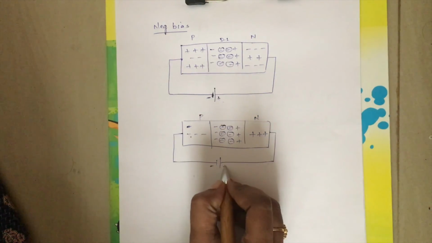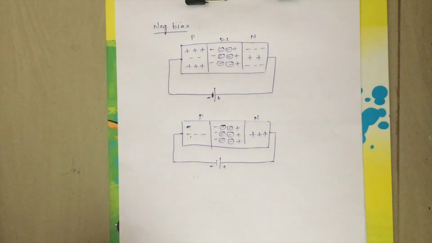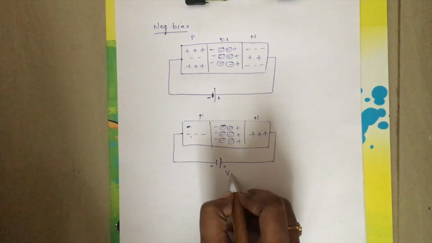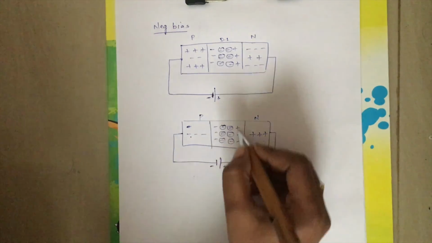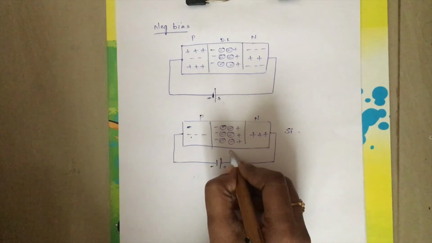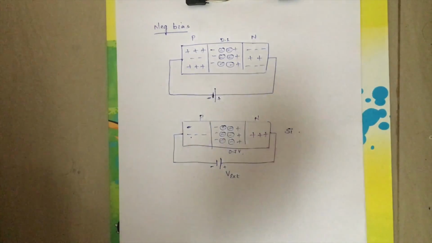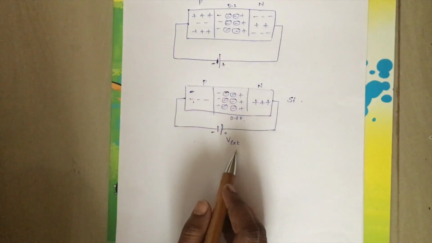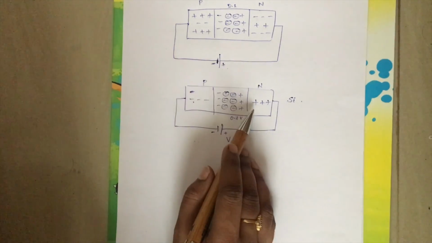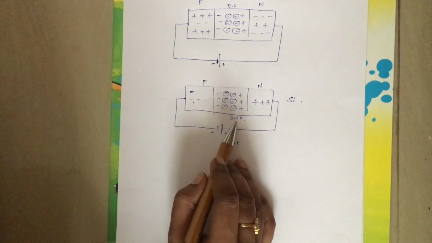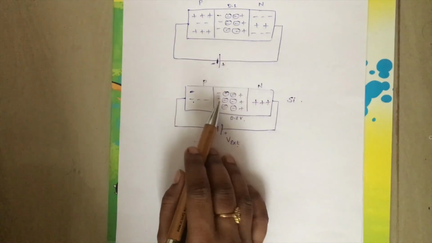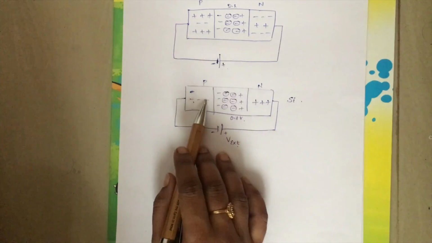Now what happens here? Say now you will be applying an external voltage V external, and say you are using silicon. Still the barrier potential is 0.7 volt. So when you apply an external voltage till 0.7 volt, no change will take place because this 0.7 volt, which is a barrier potential, is actually stopping the movement of electrons and holes.